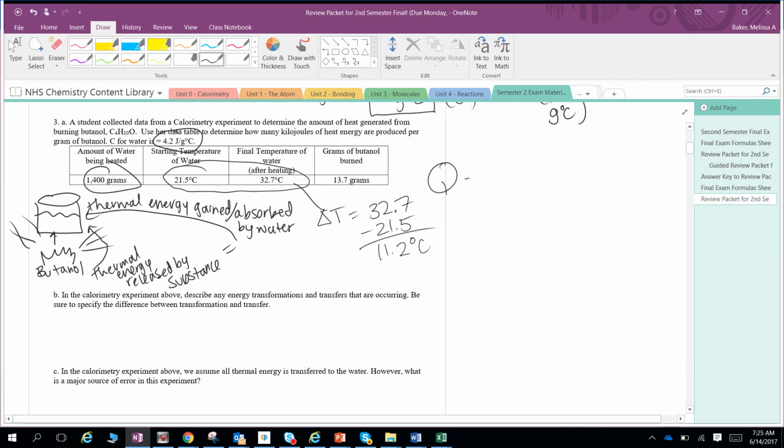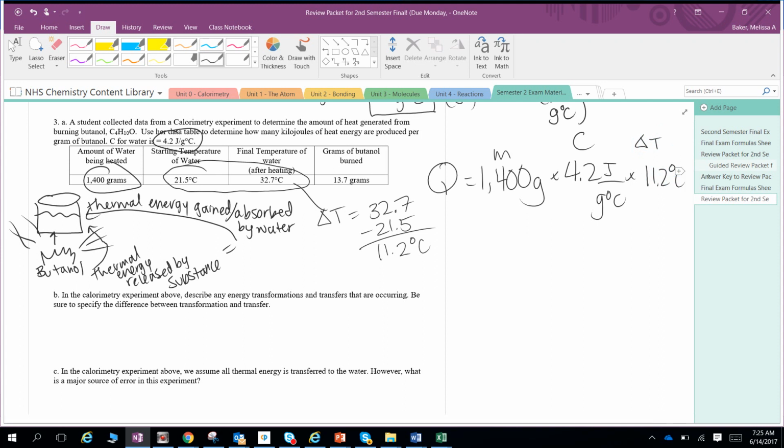And so now I'm ready to actually calculate how much thermal energy was transferred to that water. So I'm going to take the mass of the water times the specific heat of water, the 4.2 joules per gram degrees Celsius, and multiply it by the change in temperature, 11.2 degrees Celsius.